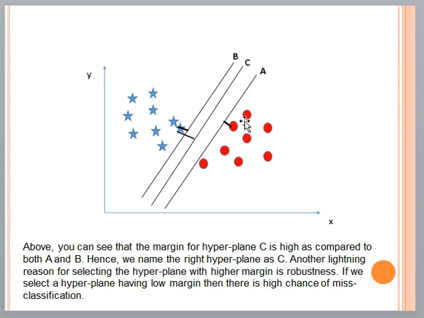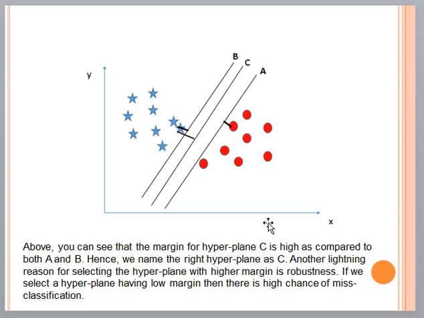If I compare the margin of this data point to A or to C, I can conclude that the margin of this data point from A is low, but the margin of this data point to C is high, right?